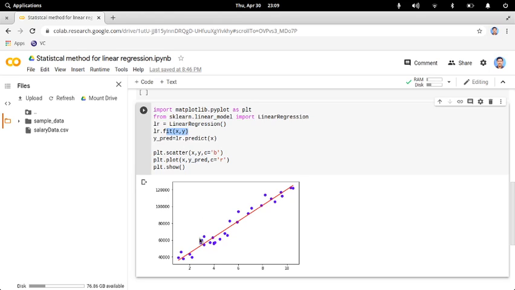You can see that the data is plotted in blue as a scatter plot, and the regression line is plotted as a red line. The x-axis shows number of years of experience and the y-axis shows the salary.